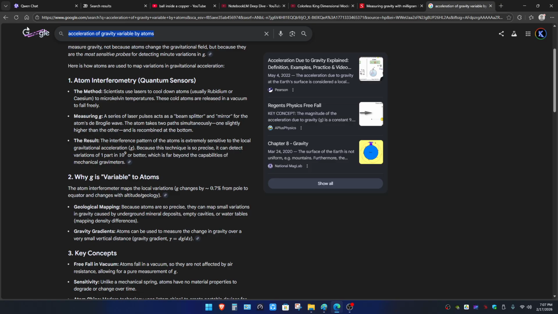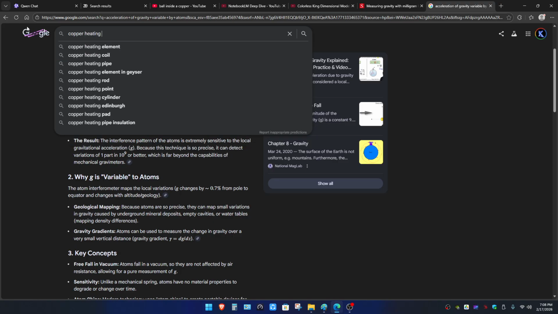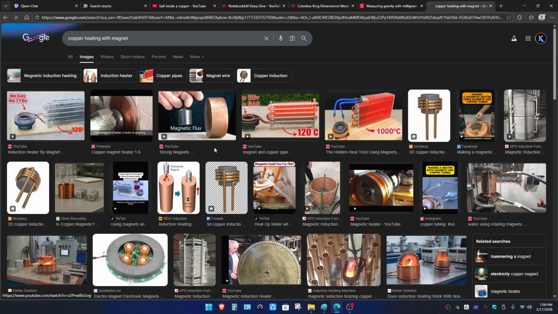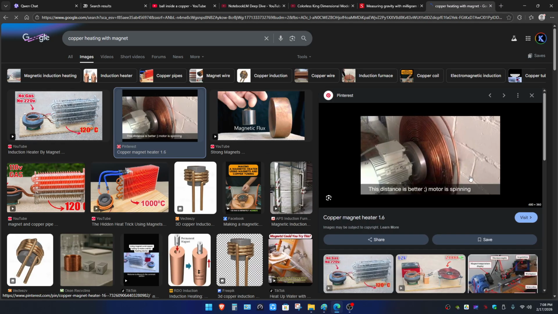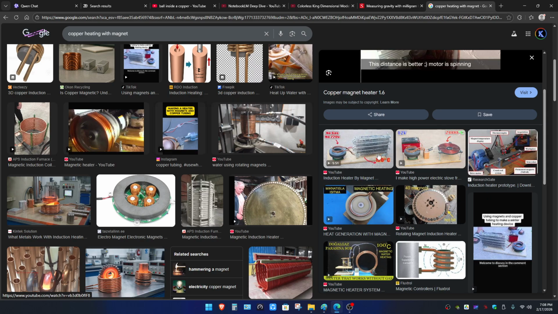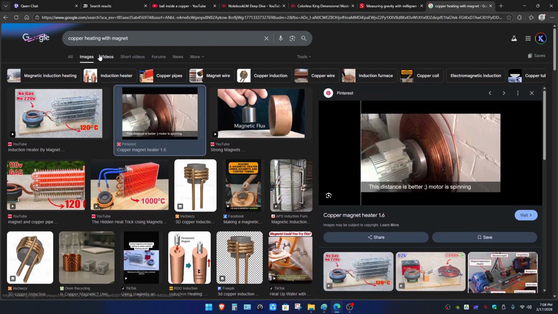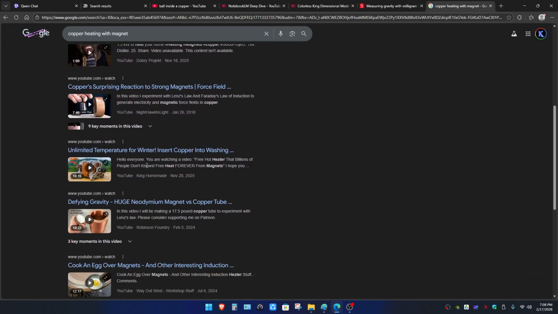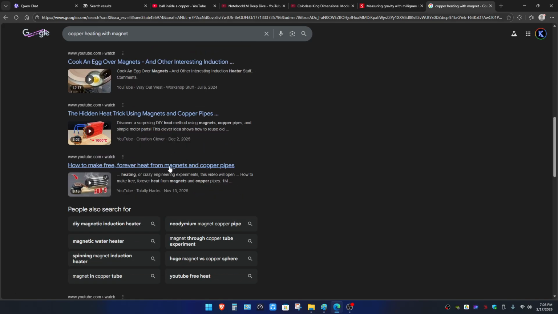How? Let's see, copper hitting with magnet. You will see many videos, including this one, where a certain person will basically make the magnet move extremely fast, and that will in turn cause heat production.